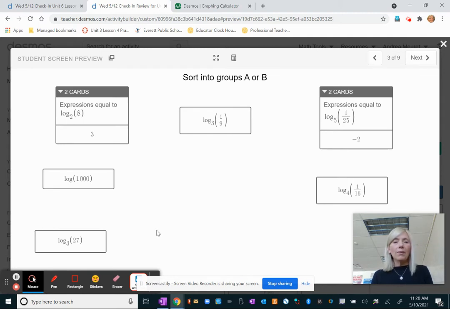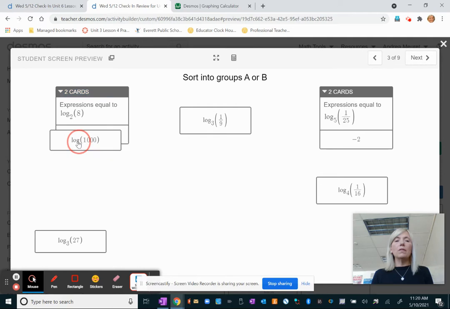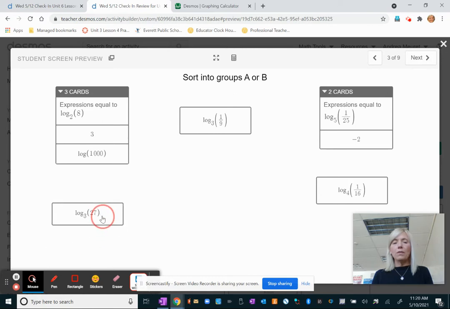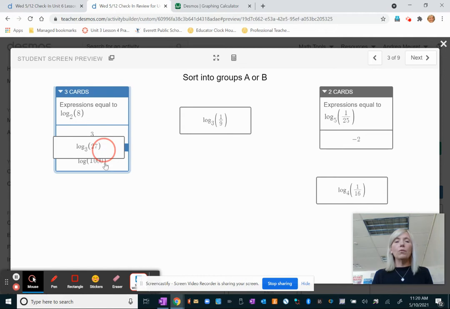So I'm looking at the other options, and I know this log of 1,000 is a base 10. Since 10 to the third is 1,000, it's going to go in that first group. And log base 3 of 27, since 3 to the third is 27, it's also equal to 3, so it goes in the first group.